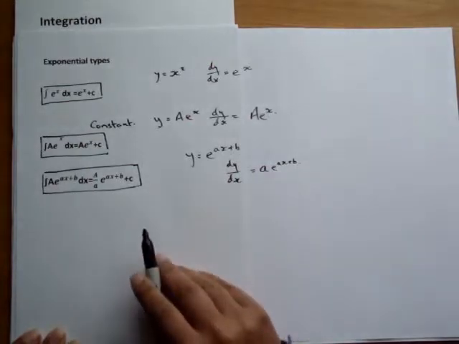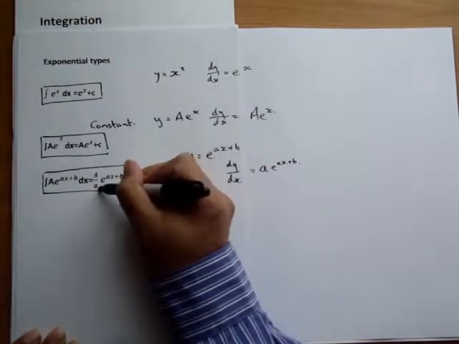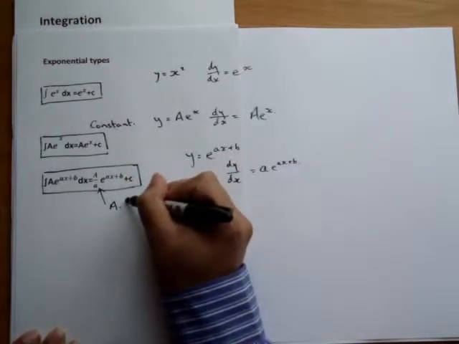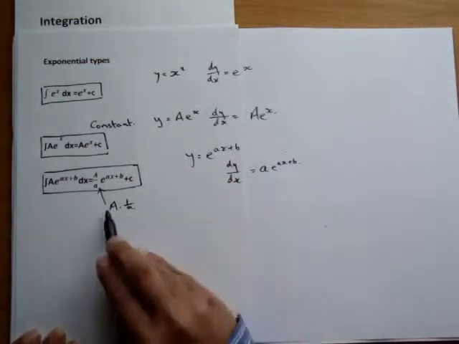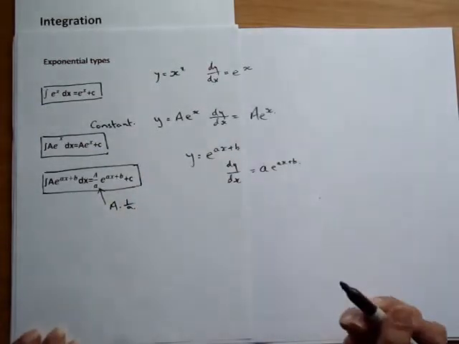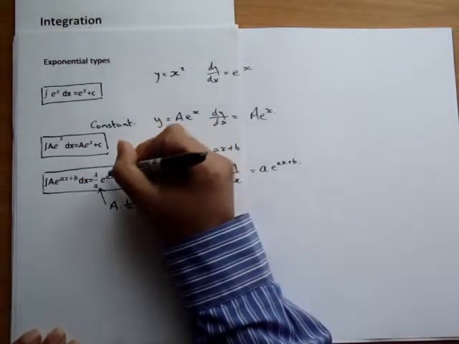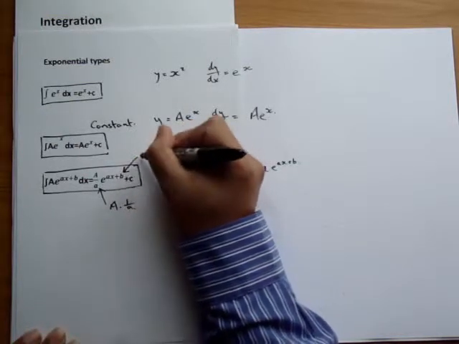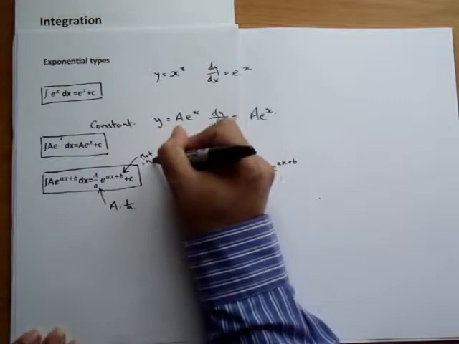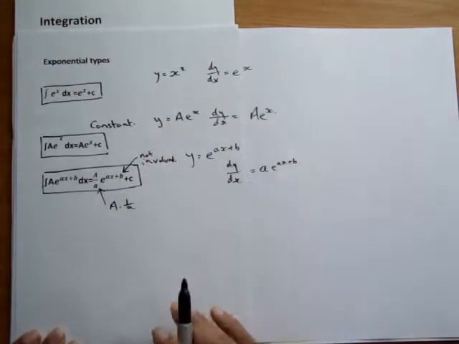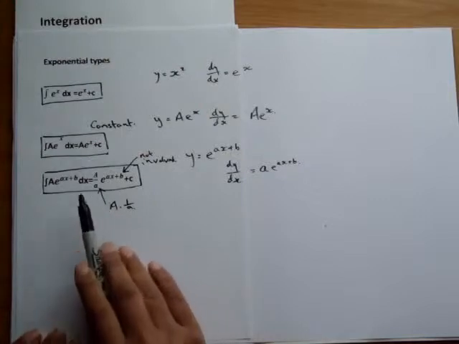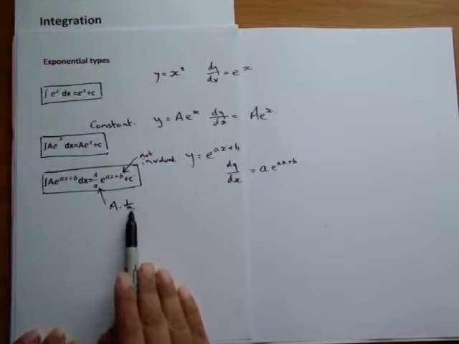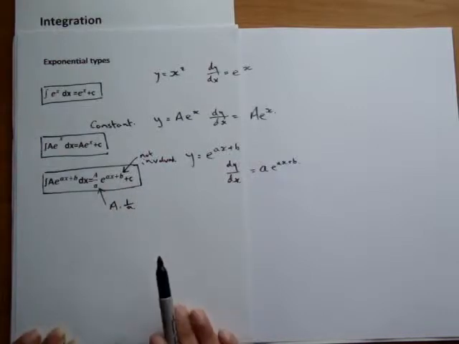However, when we integrate, we have this, which is a times 1 over little a. So it's the constant times 1 over little a, which is there in the power. And then this b is not involved. The integration goes 1 over a, multiplied by e to the ax plus b.